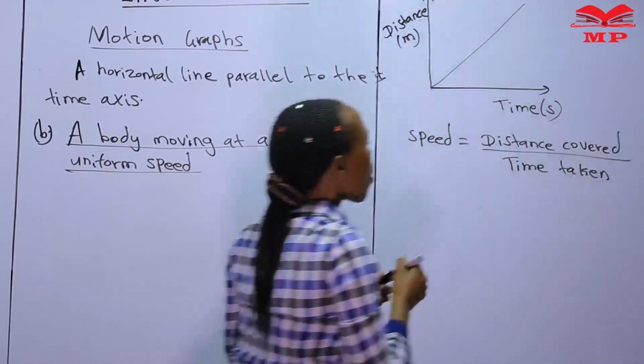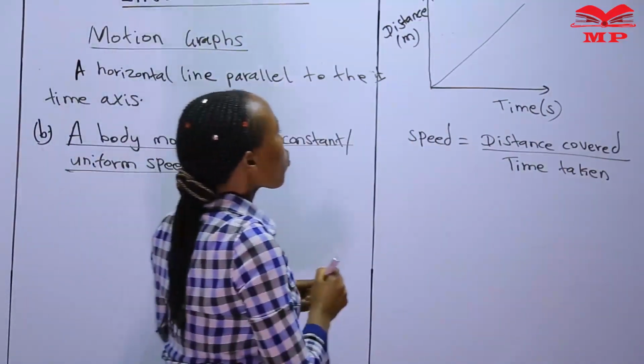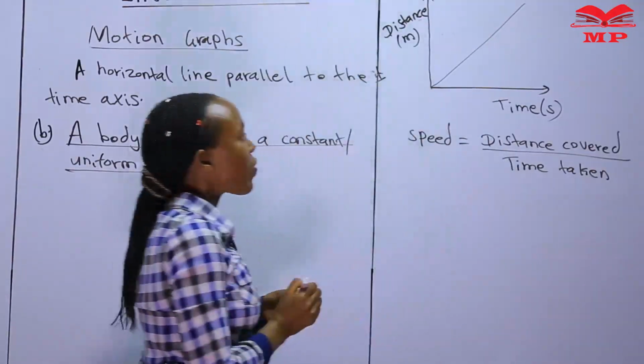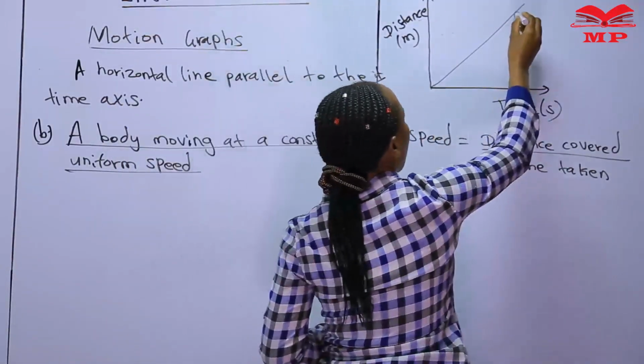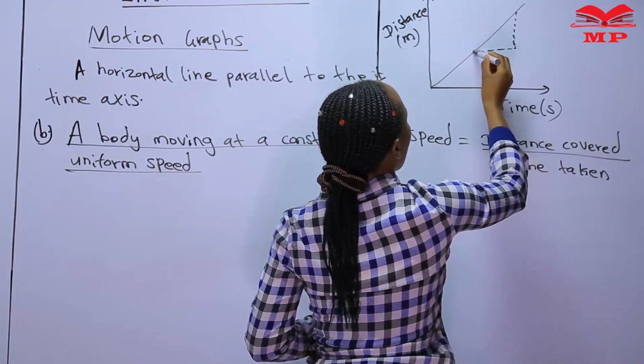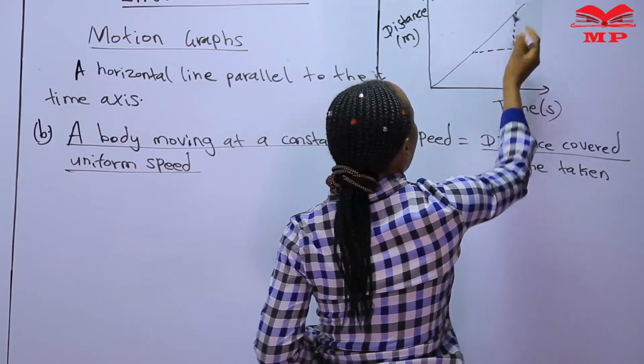And therefore, from this graph, if we want to calculate the gradient or the slope, let's say we read this point and this other one.